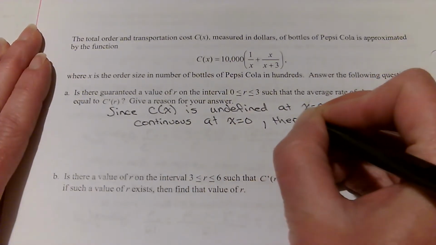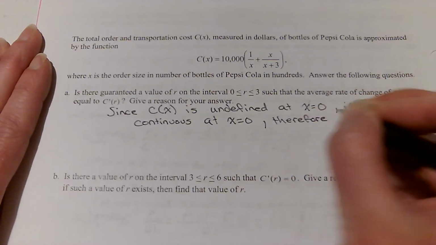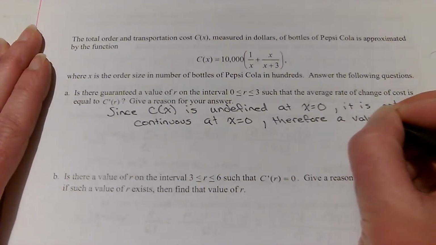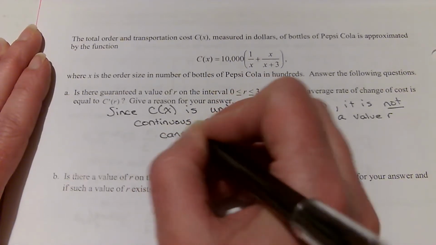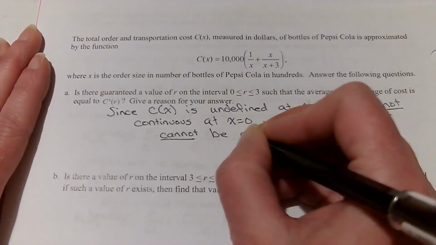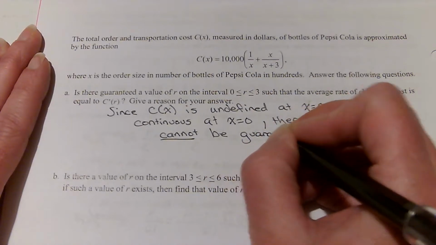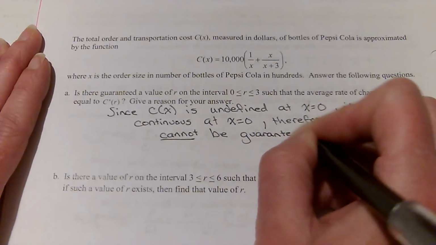Therefore, a value r cannot be guaranteed. Could there be one? Sure, but it's not guaranteed. We don't need to even look for it.